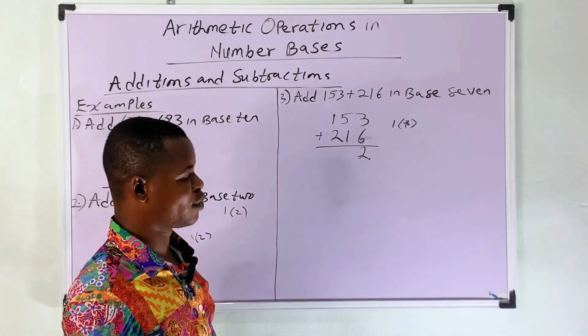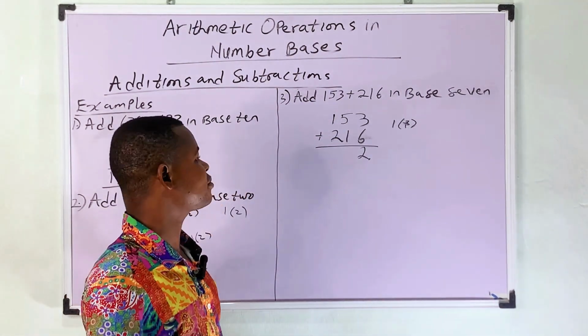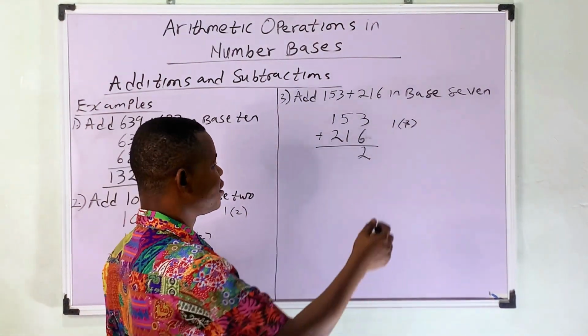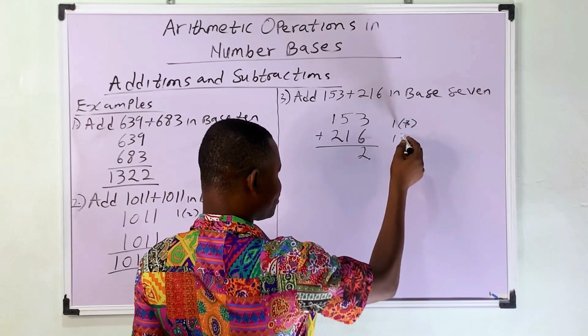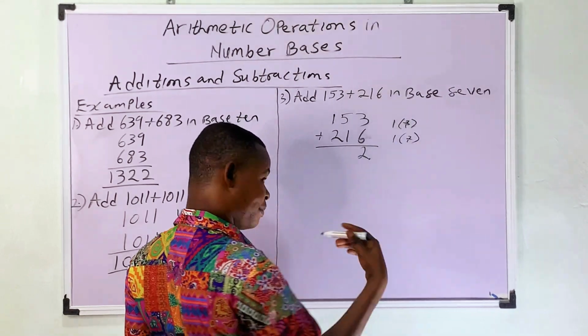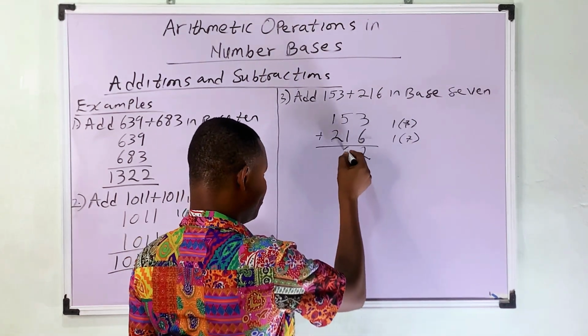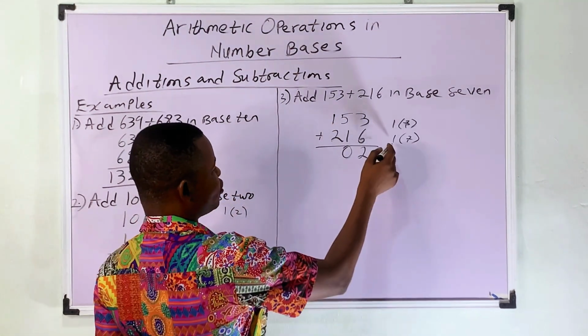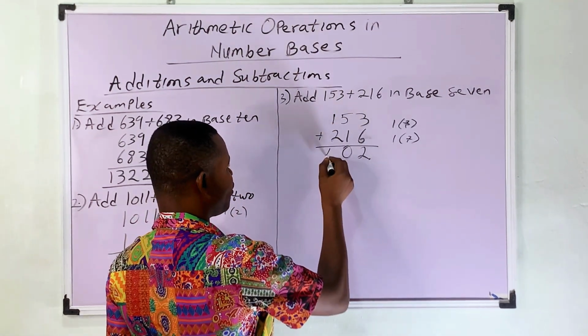Now, 5 plus 1, 6, plus 1 that we have outside, that is 7. That is, we have one set of 7 again. Remainder 0. We write 0. 1 plus 2, that's 3. Plus this one, that is 4.